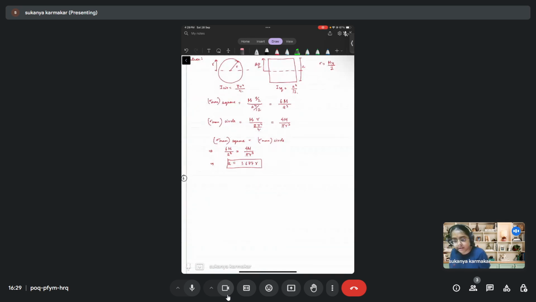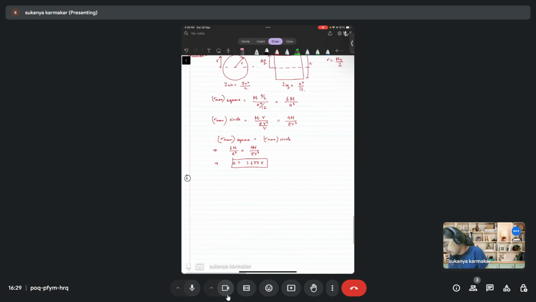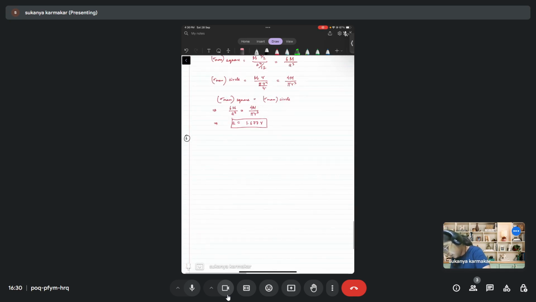For this beam cross section, I'll just be drawing it. You have to do a number of things. The cross section looks something like this.